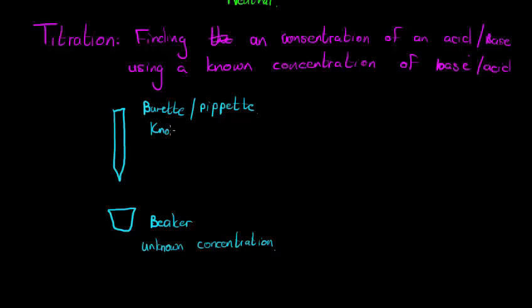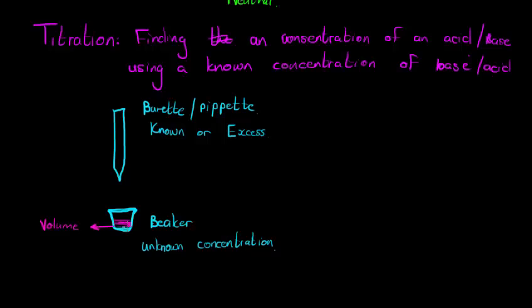This one will either be the known concentration, where I know how much is in here, or it would be the one that we have in excess. Okay, I do need the one in excess to be known. So that's why I usually will have it that way. What we will do is we don't know what the concentration is in the beaker. What is known is the volume.